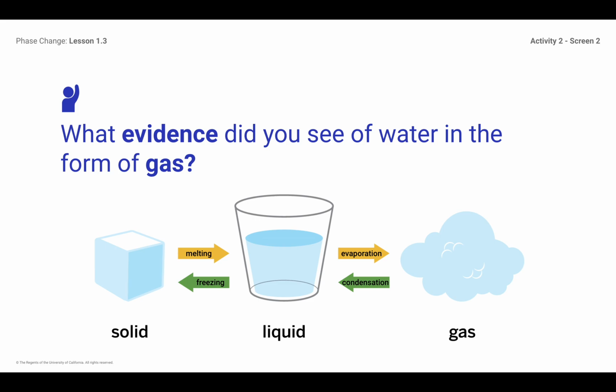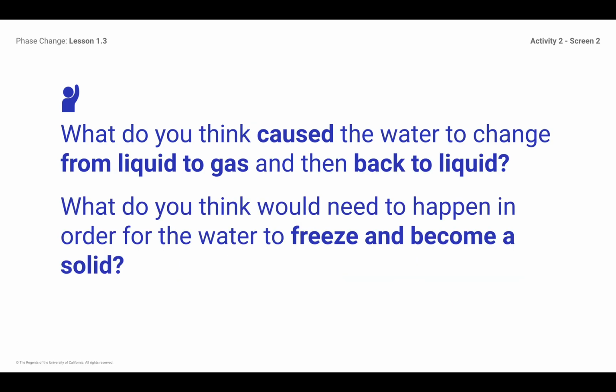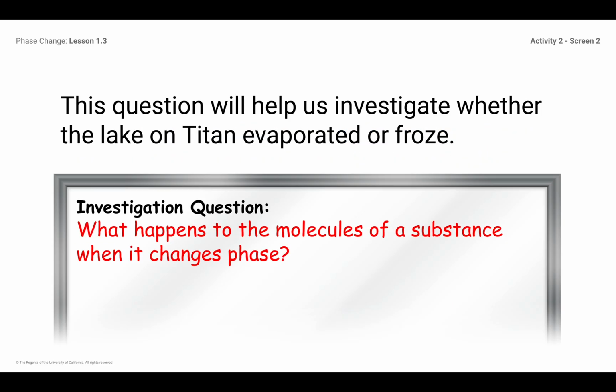But it was moving in a way, then it collected on the cup, cooled off, and that's when condensation occurred. Okay. So then that helps us investigate whether the lake on Titan evaporated or froze.